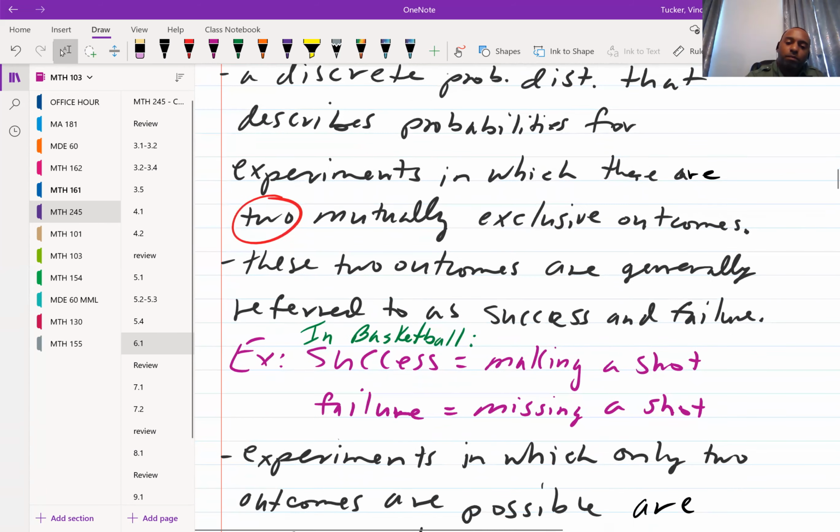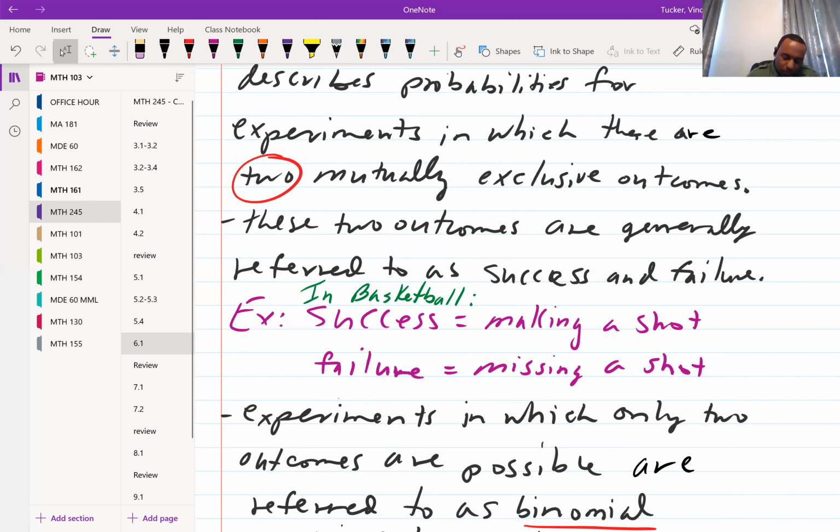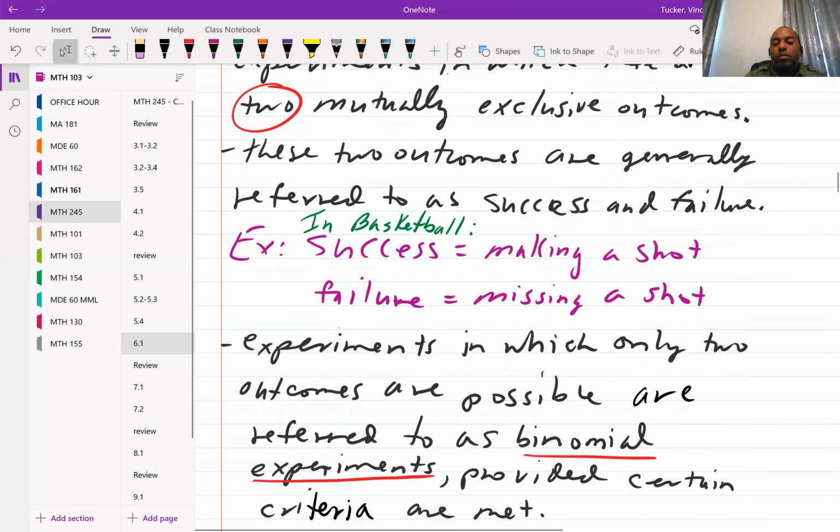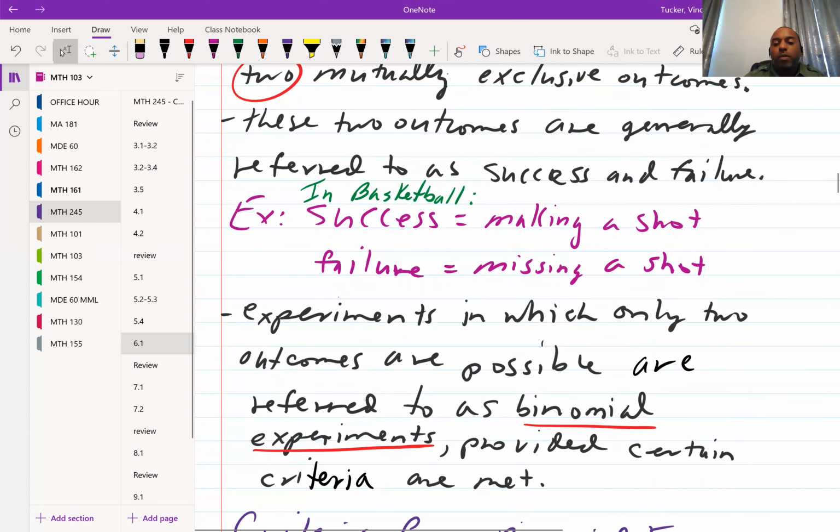Experiments in which only two outcomes are possible are referred to as binomial experiments, provided certain criteria are met. That's what we get into next.